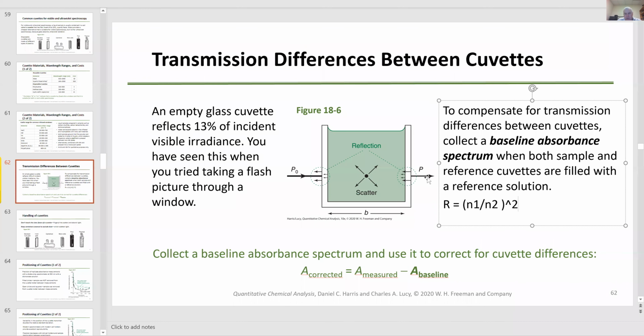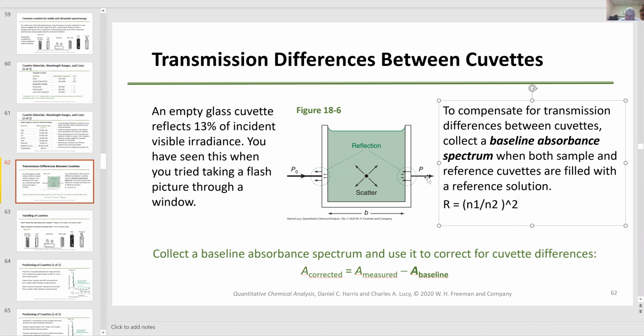So let's say we do our very best, and we have an aqueous solution. You have two solutions: an aqueous solution and an aqueous solution with analyte.